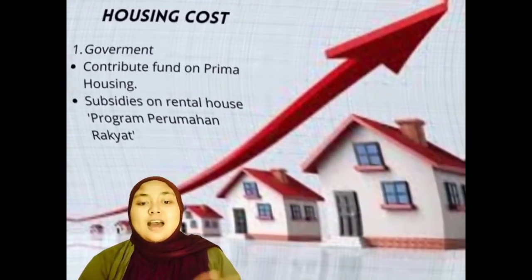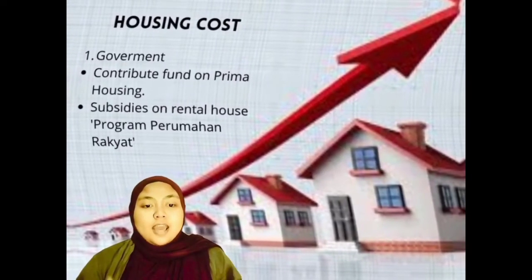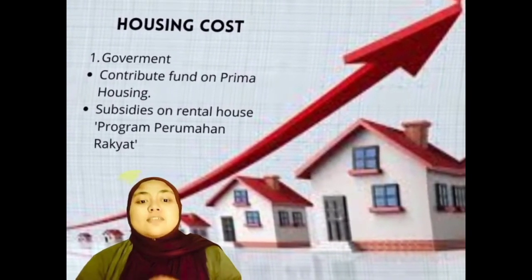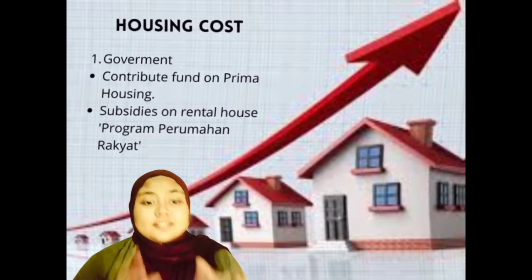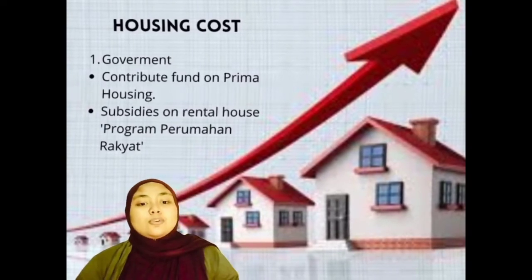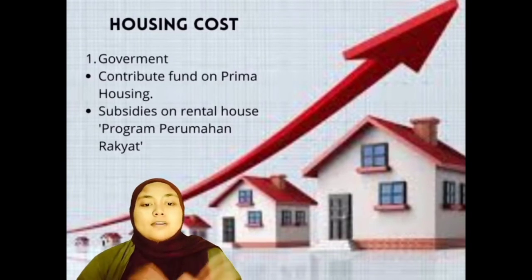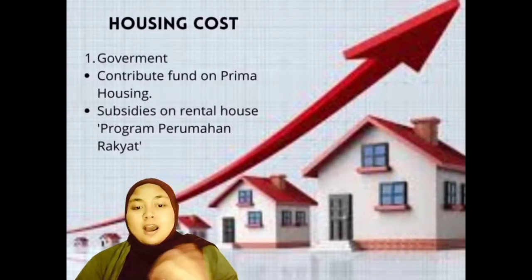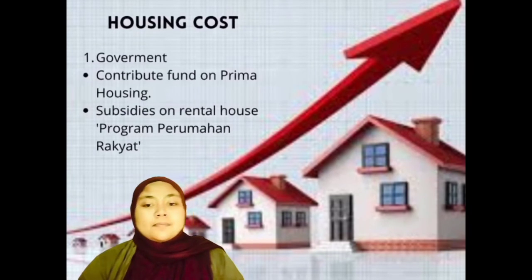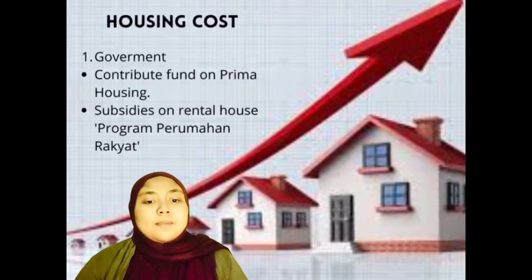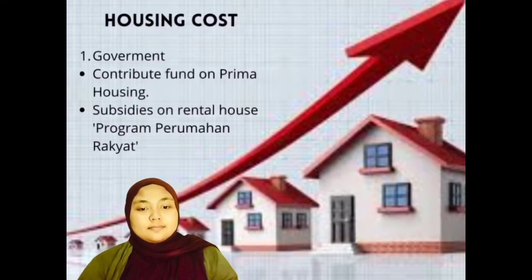After that is the solution for housing cost. Nowadays, housing cost mostly reaches 500,000. Government needs to contribute funds to the Prima housing project for citizens who want to buy a house at a low cost price. Then, other private company housing projects.